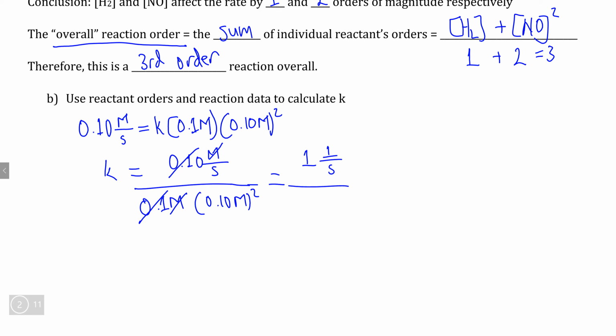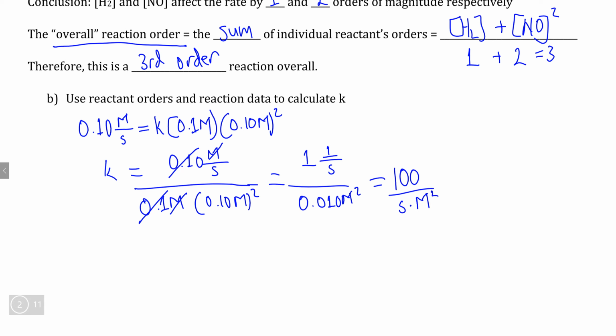And if you do 0.1 times 0.1, you would get 0.010 moles per liter squared, and 1 divided by 0.01 is the same as 1 over 100, which, if you put it into your calculator, is simply 100, and with the proper units, divided by seconds over moles per liter, or moles per liter squared.